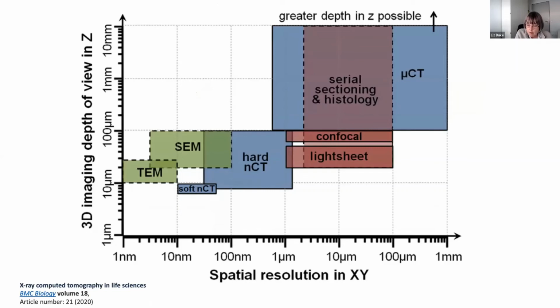The area of X-ray imaging that I have a particular interest in is using X-ray imaging to bridge the gap between the very high resolution electron microscopy techniques and the fluorescence microscopy, confocal, light sheet type techniques in a correlative approach. And that's an area that I am very, very interested in.